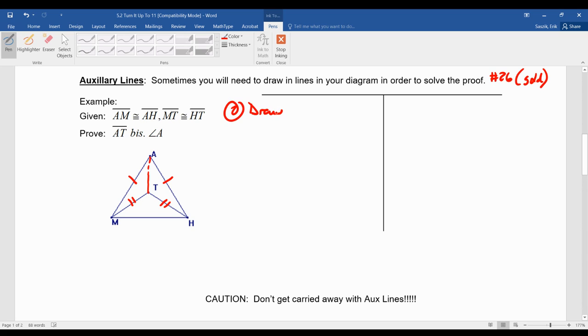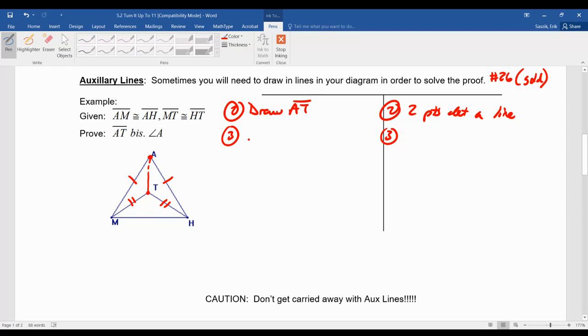Draw AT, and that reason is 2 points determine a line. Now I know we're writing line, we just drew in a segment, but still 2 points determine a line that determine a segment. In that regard, it's the same thing.